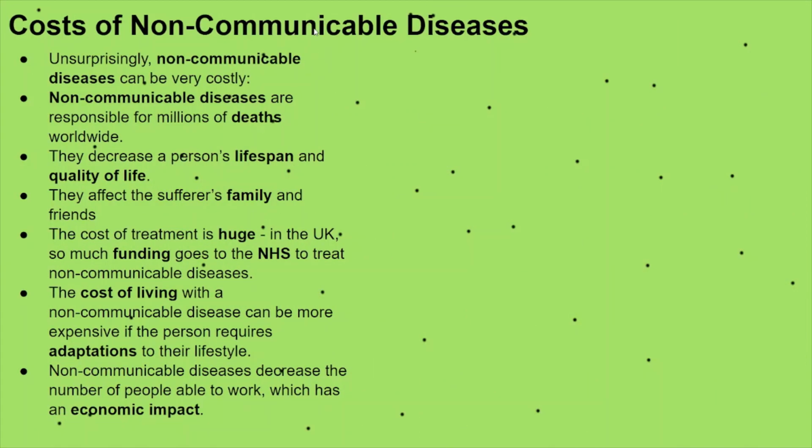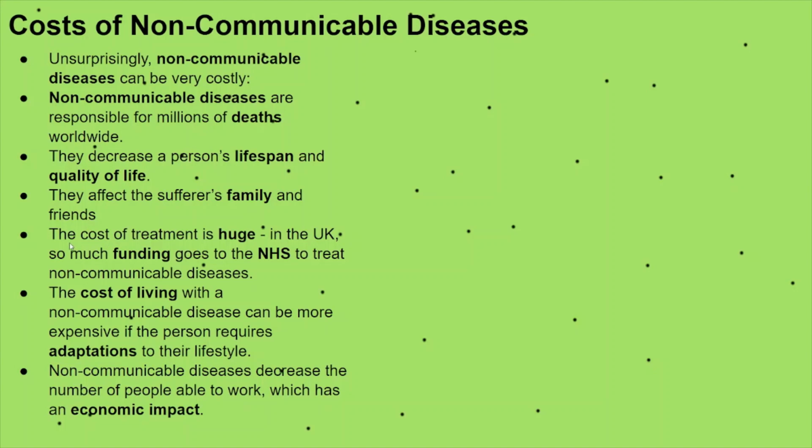Now, non-communicable diseases have costs, quite obviously. We can split them into two factors. The first three are human factors, the second three financial factors. So human factors, for example, they cause millions of deaths worldwide, they decrease a person's lifespan and quality of life, and they affect the sufferer's family and friends. Those are the three human costs.